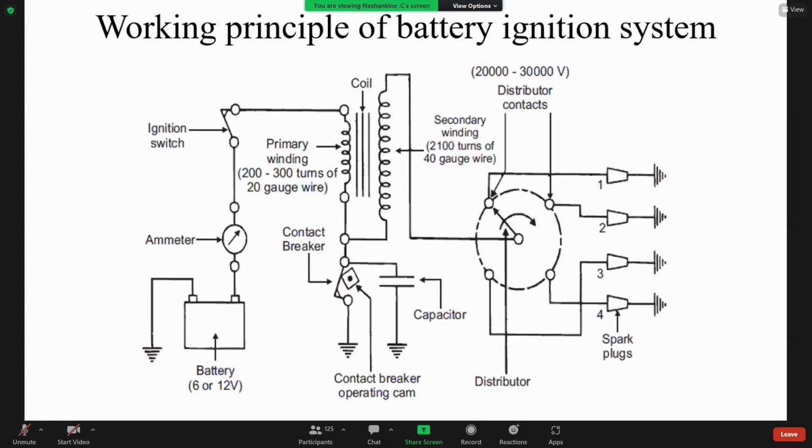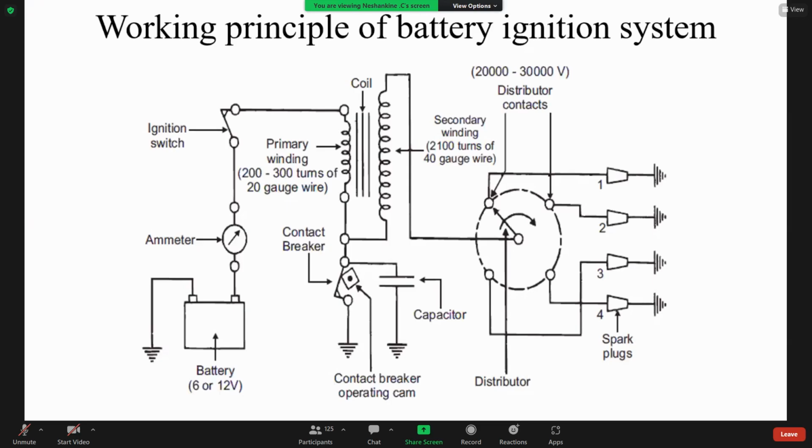Then at peak current, the contact breaker will open. Then, because the magnetic field collapses, the secondary winding coil produces high voltage. Therefore, in the secondary winding coil, we observe high voltage.